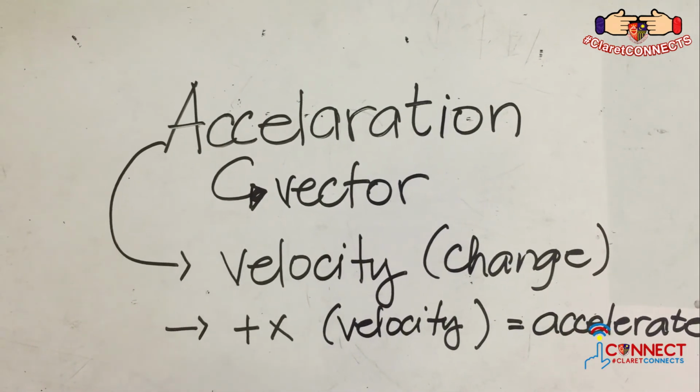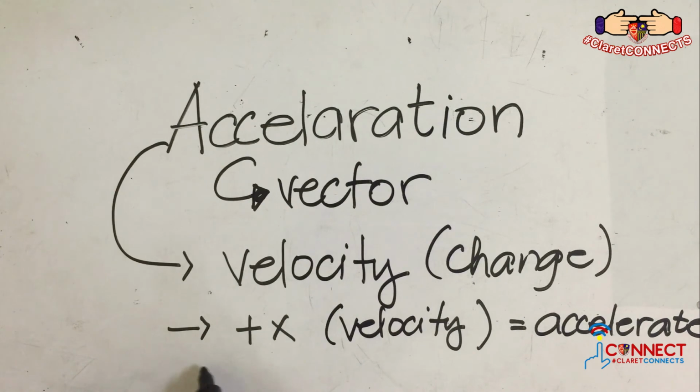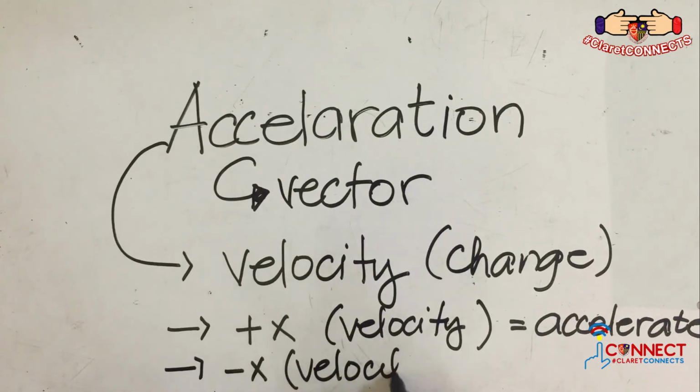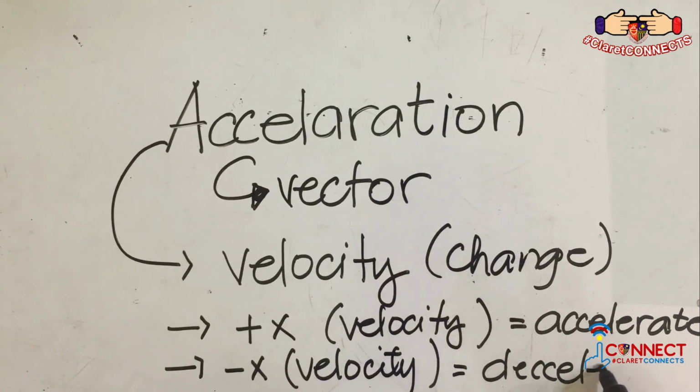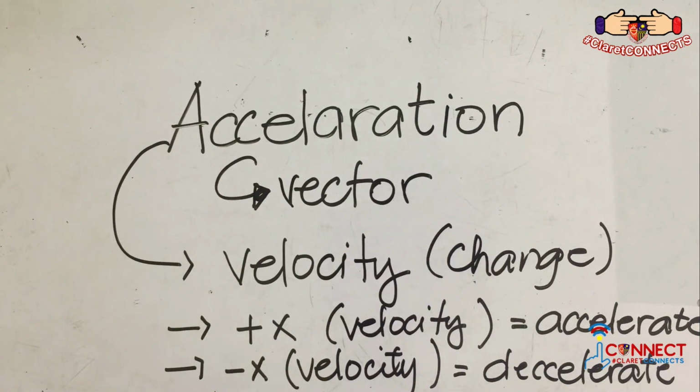But if the velocity is going in the negative x direction, it is slowing down, and we consider that also as acceleration, but it is decelerating. We mean decelerating as an acceleration but towards the opposite direction.